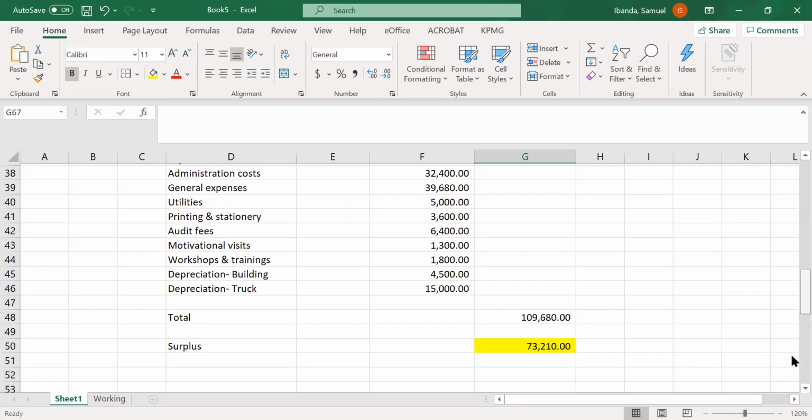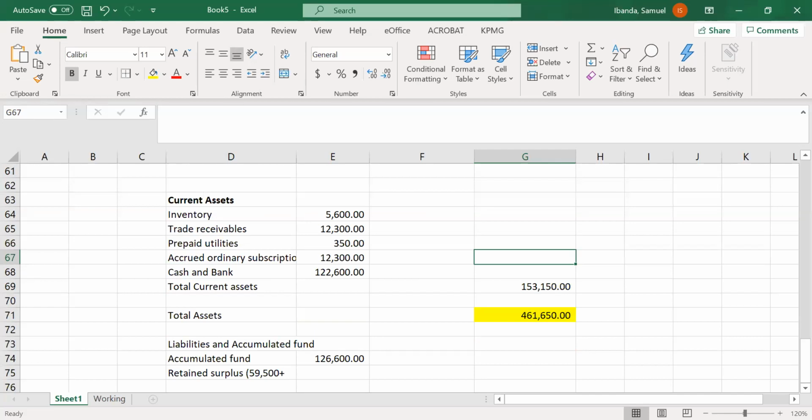Okay, so 73,210. It's supposed to be added here to determine our new retained surplus.